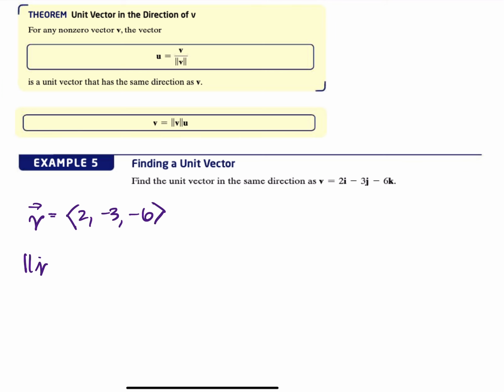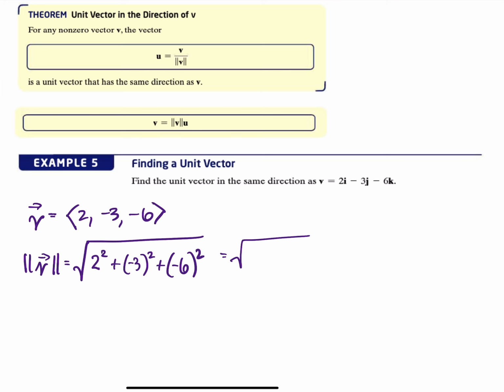Magnitude of v would be the square root of 2 squared plus negative 3 squared plus negative 6 squared. So that should be the square root of 4 plus 9 plus 36, which adds up to 49. So the square root of 49 is 7.